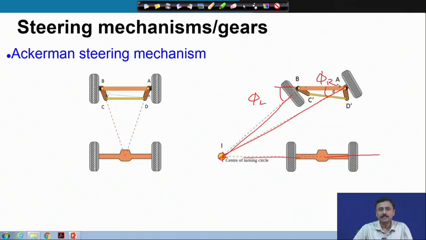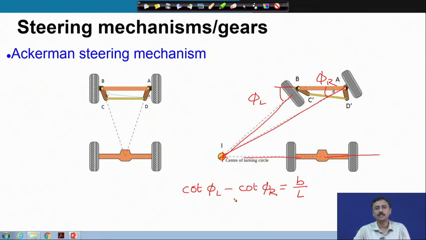Now, we have looked at this relation between phi L and phi r for a 4R mechanism, and definitely it is very different from this condition. This is the perfect steering condition, but a 4R mechanism can never achieve this perfect steering condition for all configurations of steering, that means all steering angles.